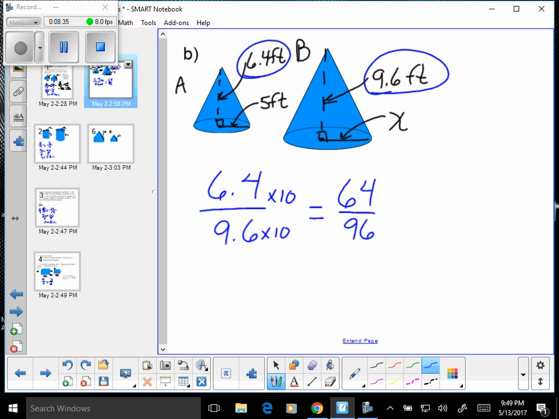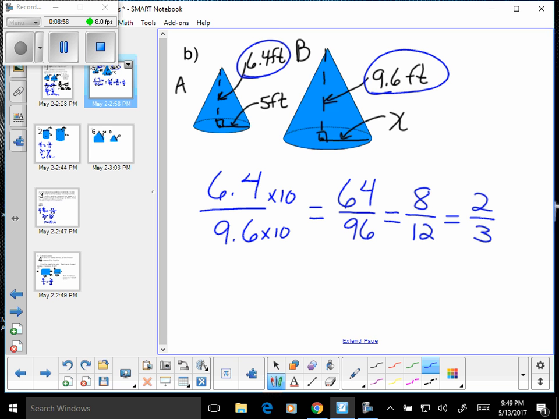Now you can reduce them. It's very easy to see, first of all, that there's an 8 in there. So there's 8 over 12. And now I can take out a 4, and I will get down to 2 over 3. Now, look back at the decimals. They're both in tenths.